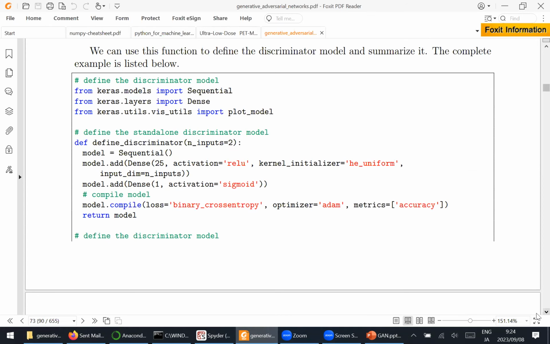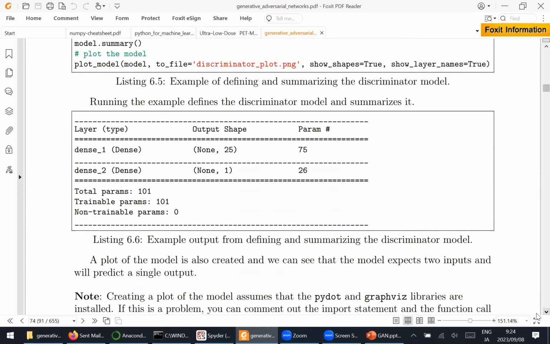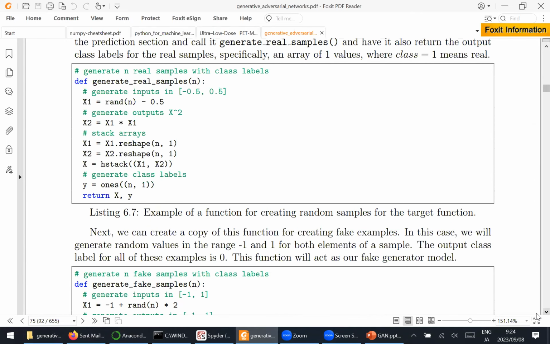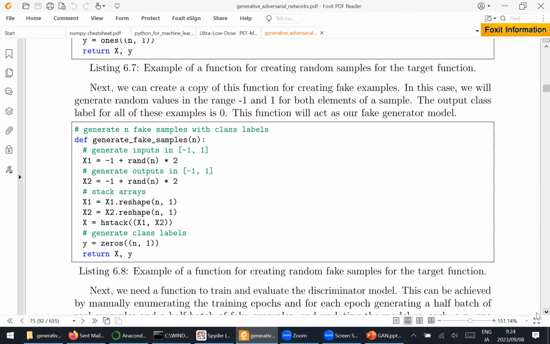So we did this discriminator. This is what it looks like. We have 2 functions here. We have generate real samples, which use the formula, and then we have generate fake samples, which are just random numbers.